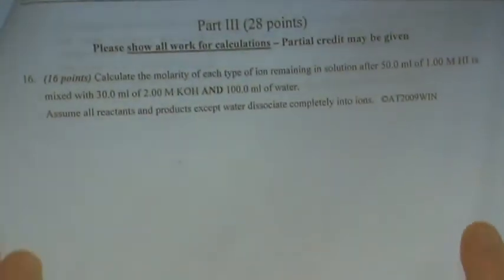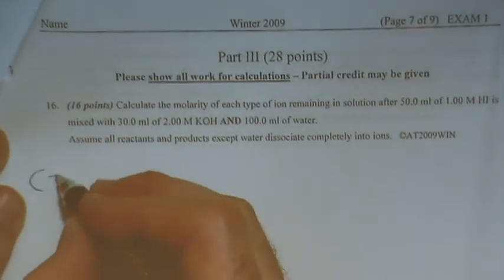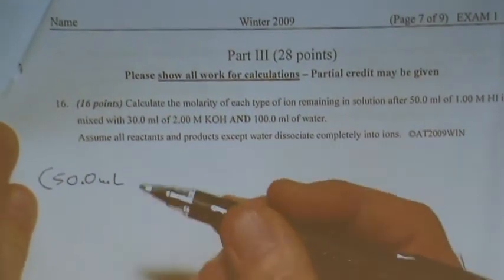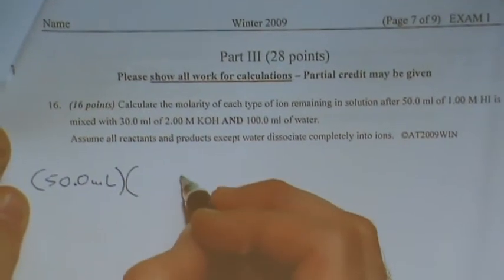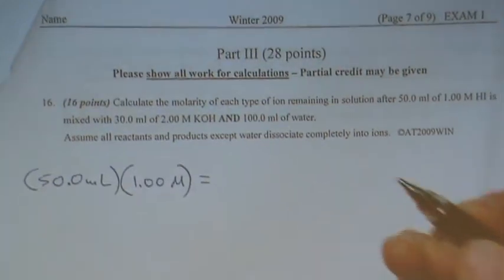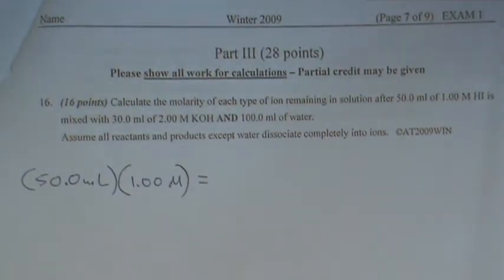There is something which is very useful, and we'll talk about it on Wednesday, and that is when you multiply the volume of a solution in milliliters times its molarity, in this case 1 mole per liter.